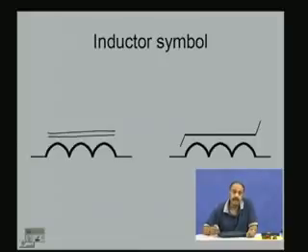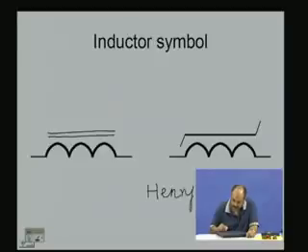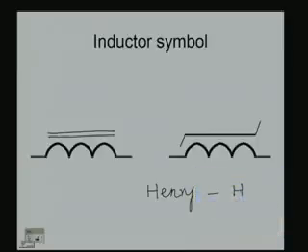The inductor has a unit called Henry, denoted by the letter symbol H. And like in the case of the capacitor, it can be microhenry, which represents 10 to the power of minus 6 Henry, millihenry, which represents 10 to the power of minus 3 Henry, or just Henries.